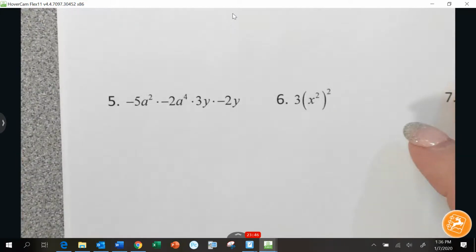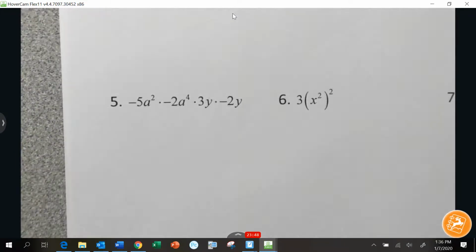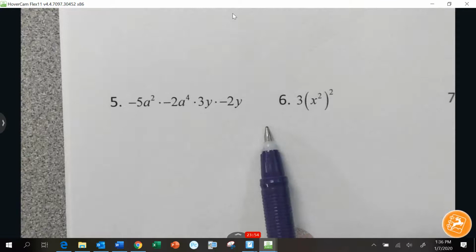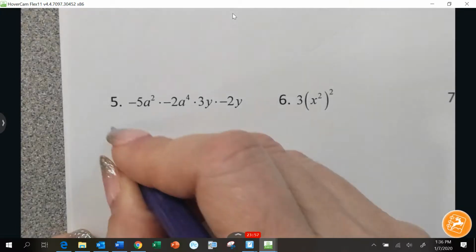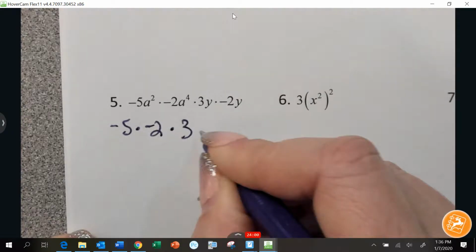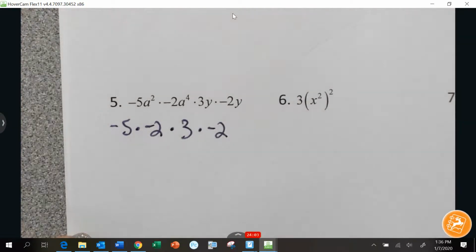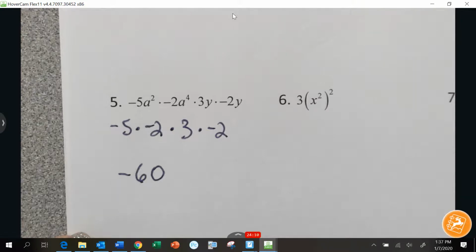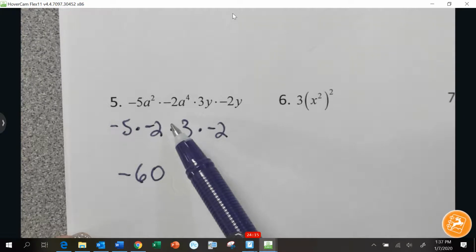All right, next one. You can multiply coefficients. This is all multiplication. You can multiply -5 times -2 times 3 times -2. Now, I was able to do that because none of the coefficients had exponents on them.